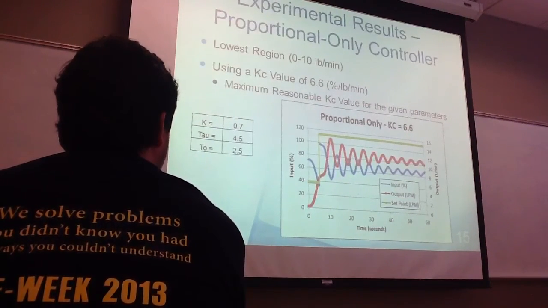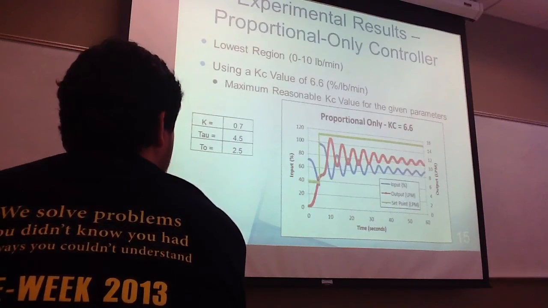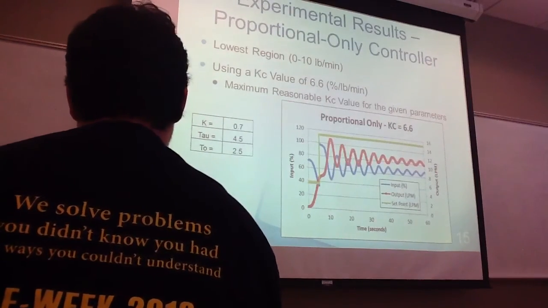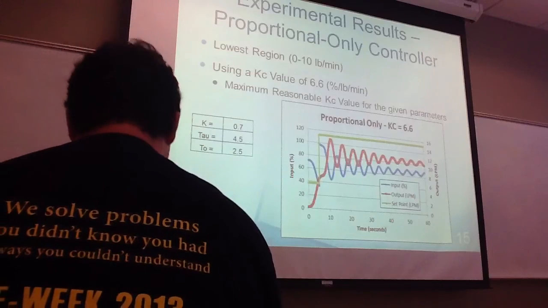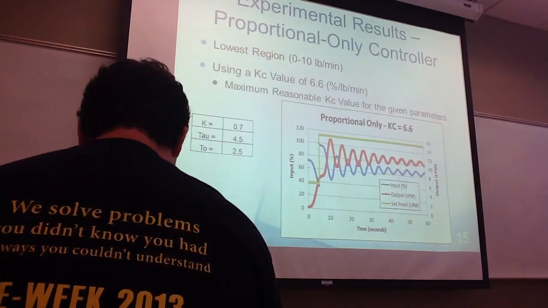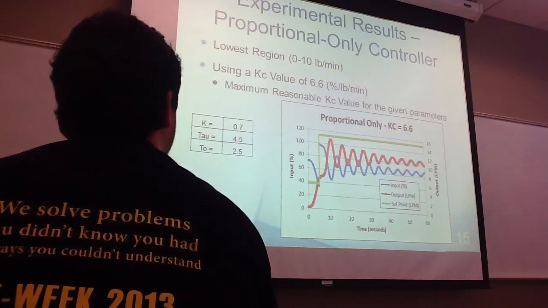It's pretty similar to the model results, but we would not expect them to be the same due to uncertainties in the system and inconsistencies. We found this decay ratio to be about 0.7, and with no settling time.